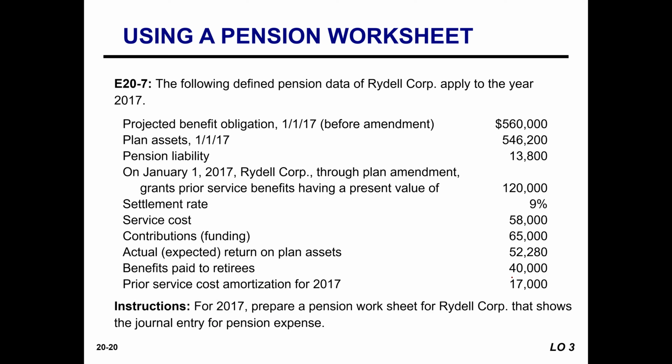So projected benefit obligation on January 1, 2017, before the amendment, 560,000. Plan assets, 1/1/2017, 546,200. Pension liability, 13,800.